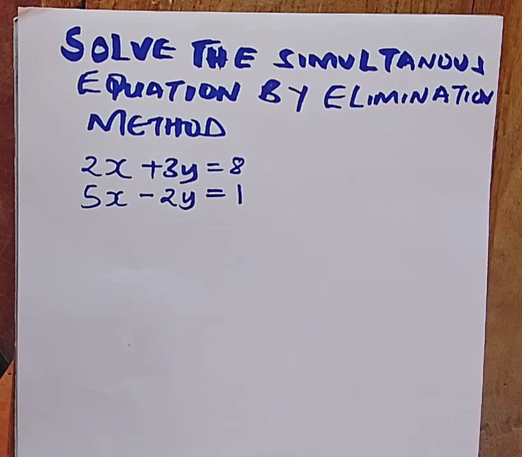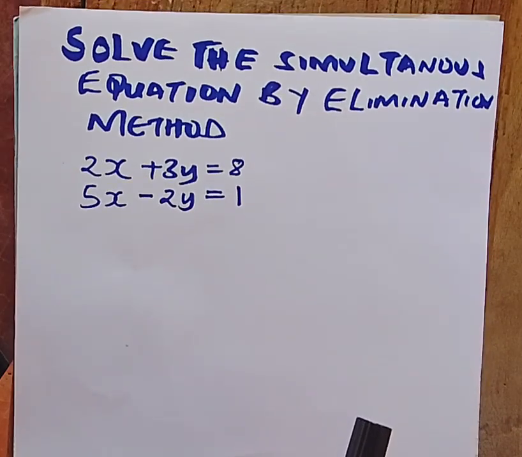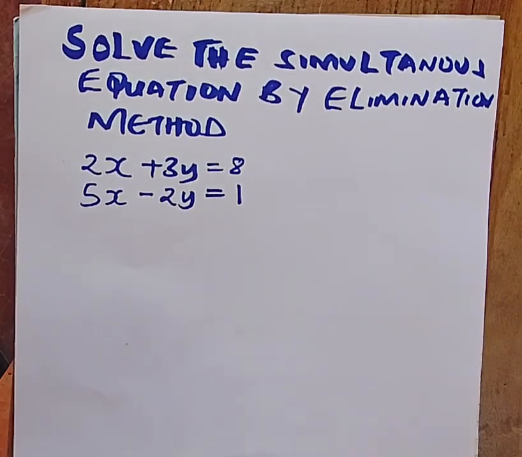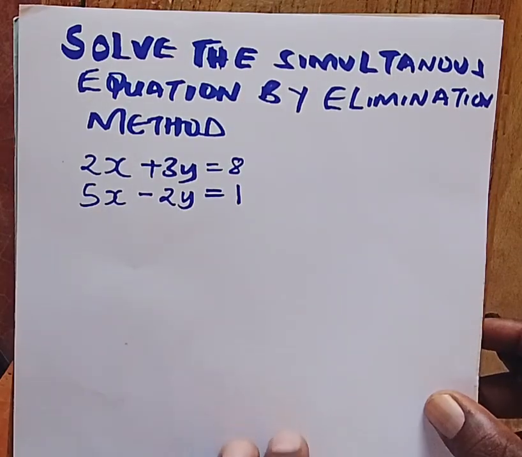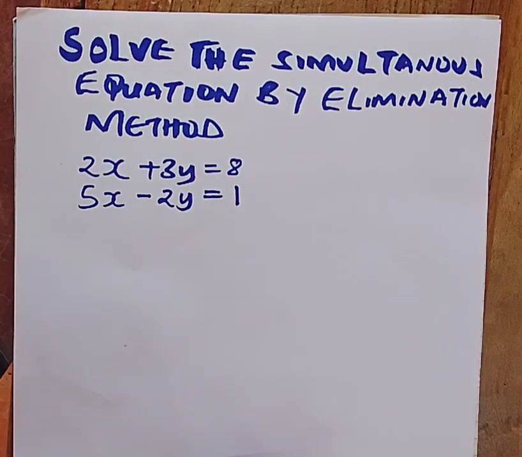Today we want to learn the elimination method. There are several ways of solving simultaneous equations: we have elimination, substitution, and the graphical method. All of them are used to solve simultaneous equations, but today we want to look at the elimination method.